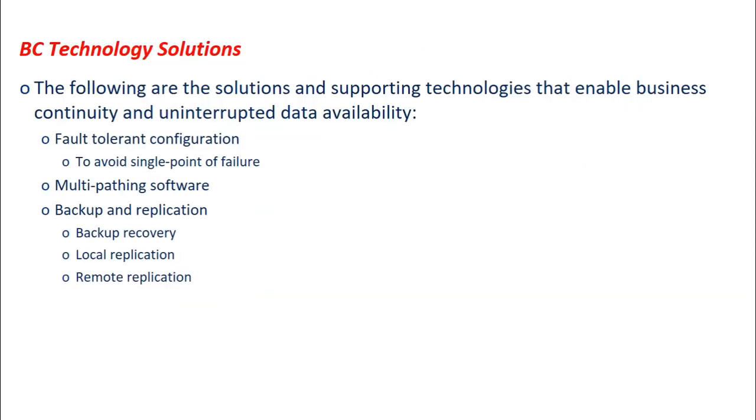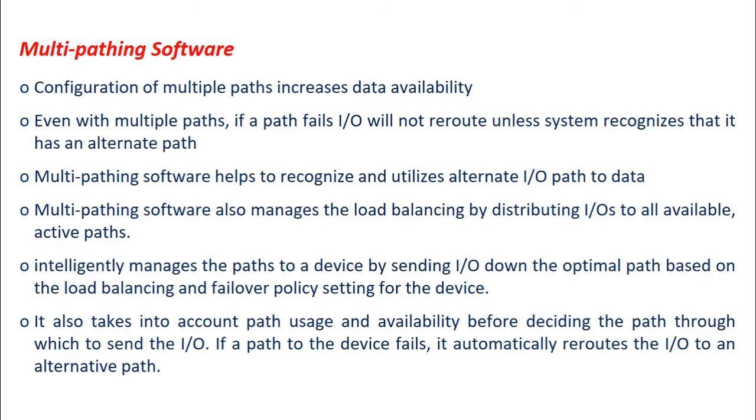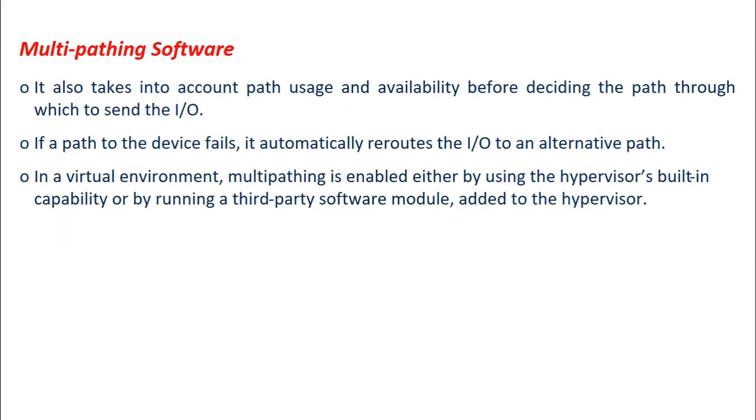And after that we discussed the business continuity technology solutions. We can either go for fault tolerant configuration, use multipathing software, or go for backup and replication. In multipathing software, configuring multiple paths increases the data availability. Rather than relying on a single path, having multiple paths increases the data availability.